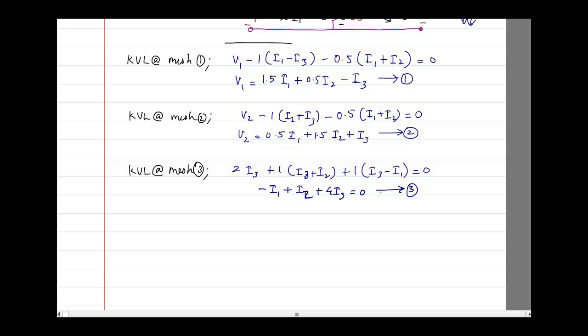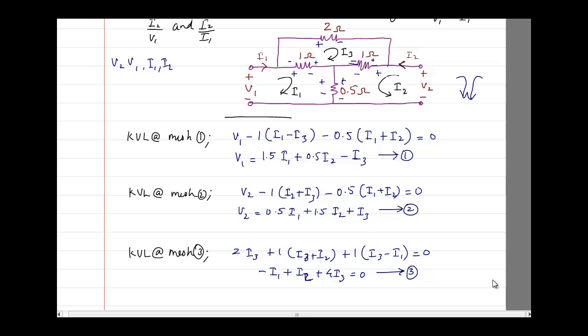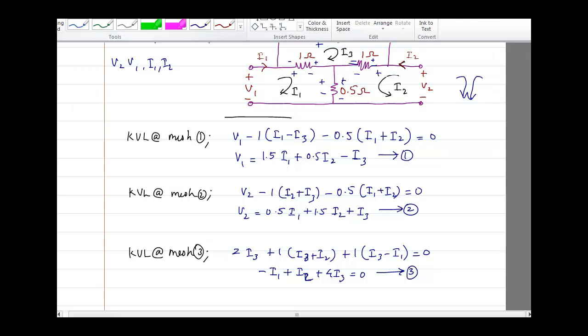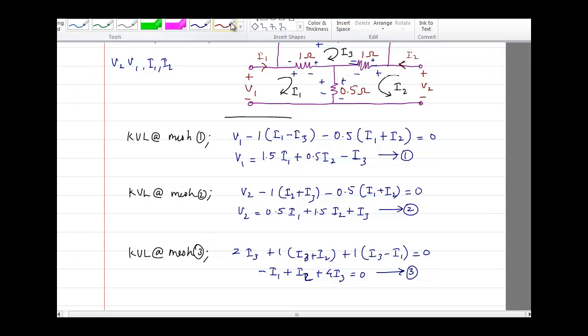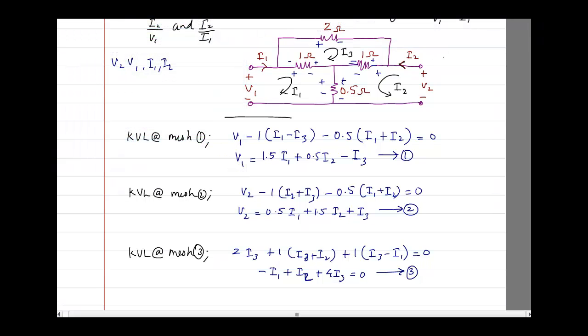So now I have 3 equations. Up till here we do the same for most of the problems. From here we will have 2 kinds of methods of solving this, based on whether there is an element attached here.